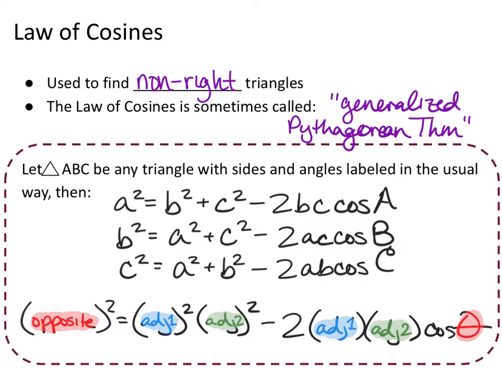So if we let triangle ABC be any triangle with sides and angles labeled in the usual way, which we just talked about, then the law of cosines gives us three formulas, one for each of the sides depending on what we know.